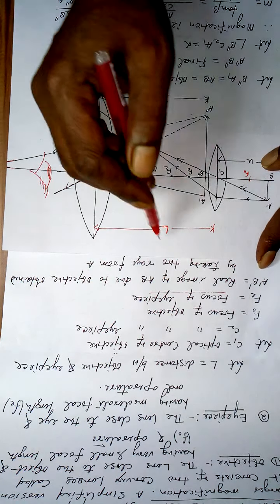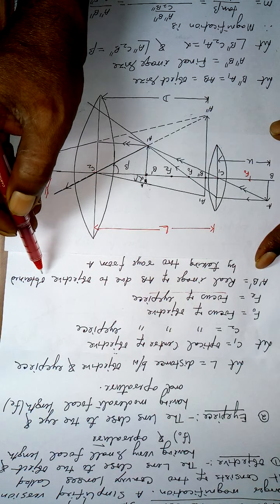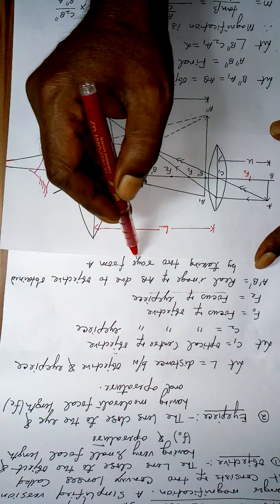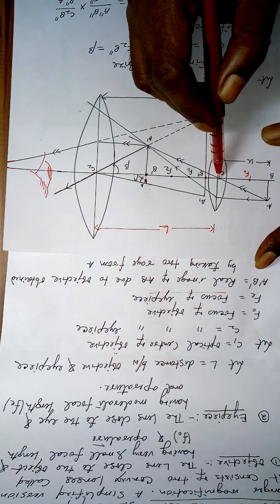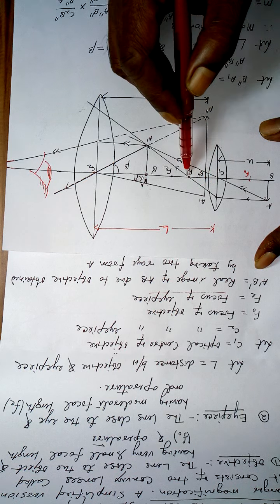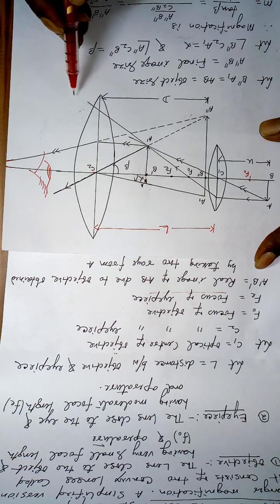Now look, A dash B dash is the real image of AB due to the objective lens, obtained by taking two rays from A. This is one ray parallel to the principal axis, so it passes through the focus of this lens F0 and goes straight like this.